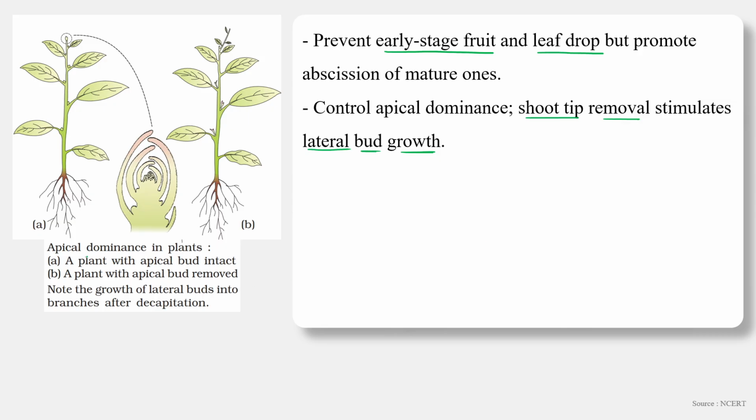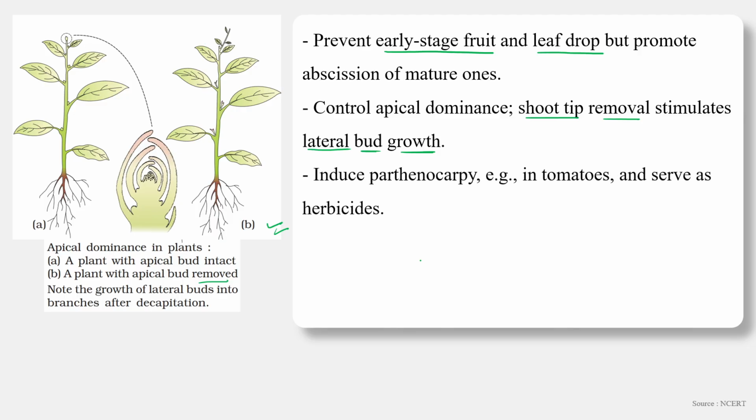In picture A, apical dominance in a plant: a normal plant with the apical bud intact. In picture B, a plant with the apical bud removed. So growth of lateral buds occurs in the second plant after removal of the tip. Clear?